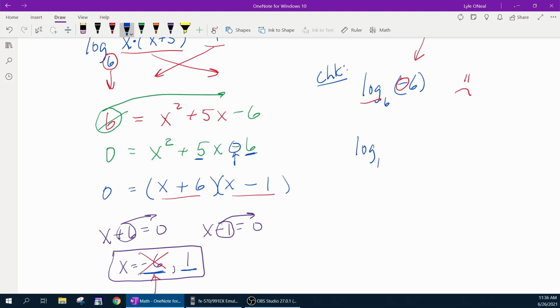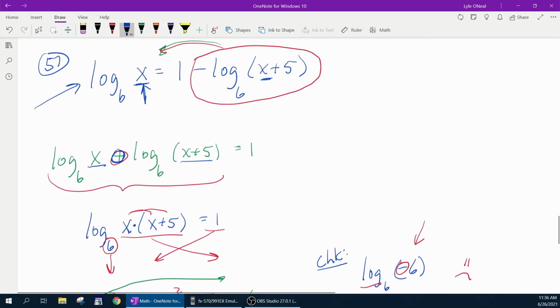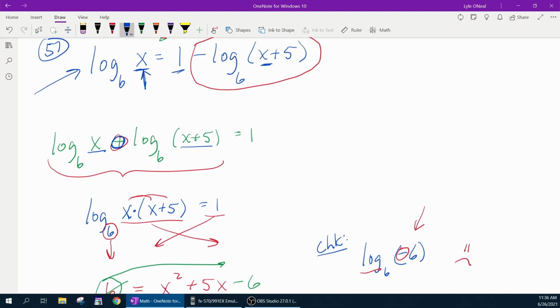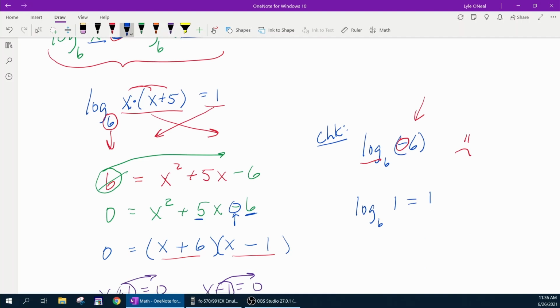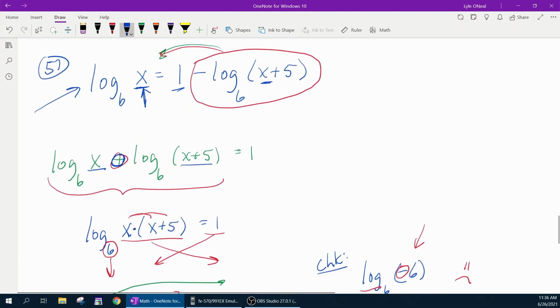Okay, next we need to check the positive 1 and make sure that it really does work. So we're going to have log base 6 of 1 equals 1 minus log base 6 of 1 plus 5. 1 plus 5 is 6. And so I can go ahead and simplify that.